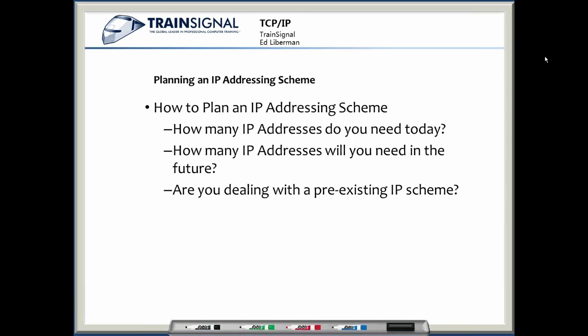Well, the first thing is we need to determine how many IP addresses we need right now, because we're going to see how we calculate that out. But again, remember, the smaller the host ID, the fewer IP addresses that you can have on that network. So how many do I need today? How many will I need in the future? You always want to plan for growth.